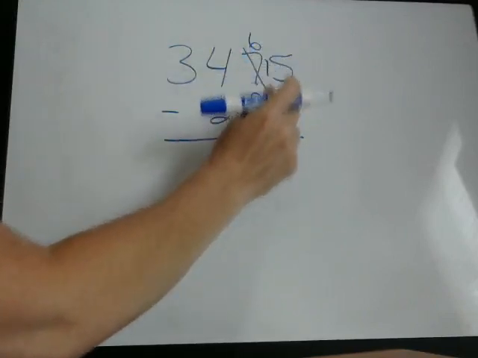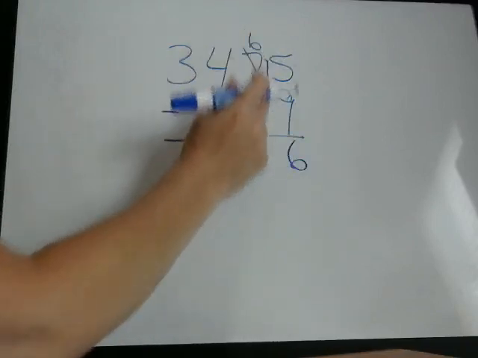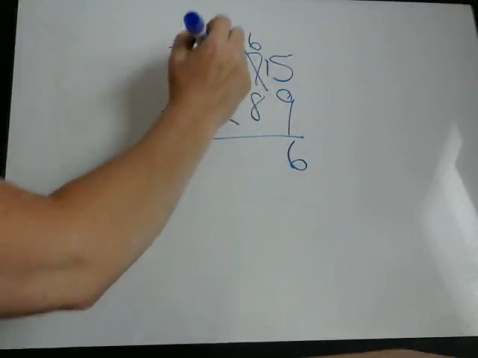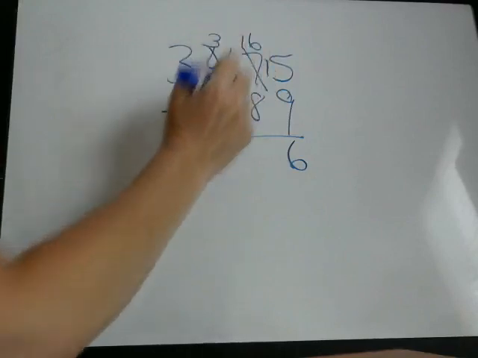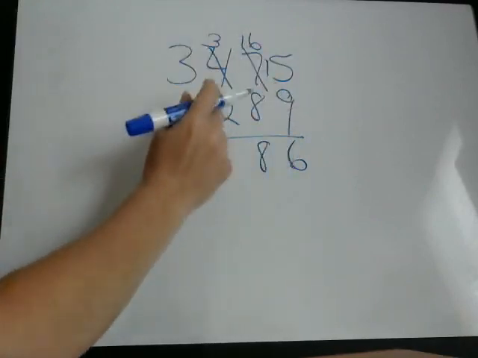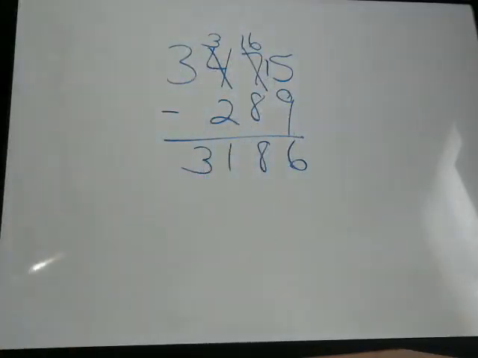So now we have 15 minus 9 is 6. Here we have 6 minus 8, but 8 is larger than 6, so we're going to have to borrow 1 from this number. So we're going to make this a 3 and make this a 16. 16 minus 8 is 8. 3 minus 2 is 1. 3 minus nothing is 3. So the answer is 3,186.